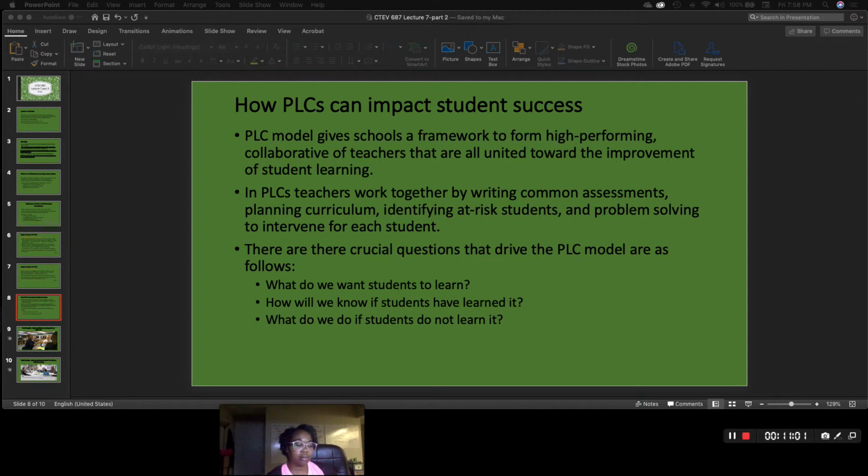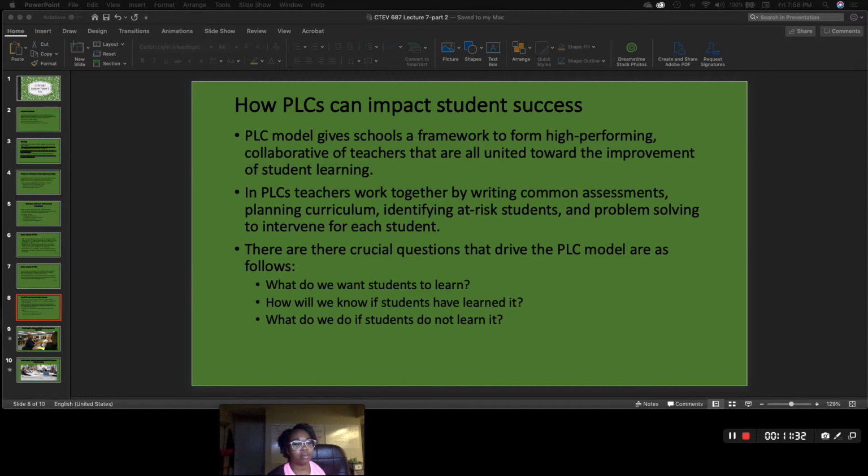I was trained as an RTI support in my school, and the key thing is that you're creating stuff together. Even if you're from different content areas, you can merge assessments into classroom assessments into content specific areas and then branch them out to specifics. But you should be able to problem solve to intervene for each student. And that's the purpose of the data and the systematic tracking system that you should have in place.